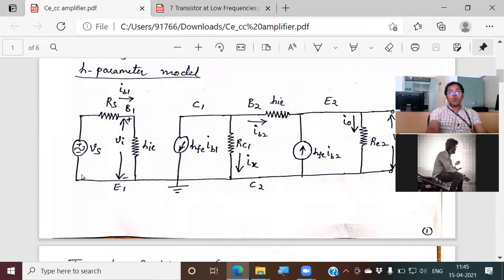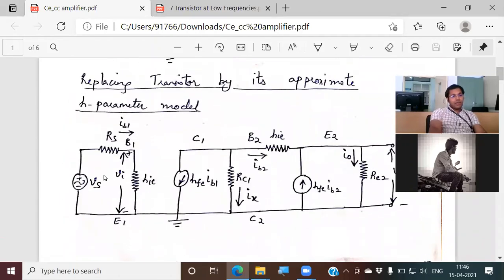Okay. So what we are doing, this circuit alone I will take, only this part. I told you this part is isolated from this, isn't it? There is no bridge. So simply I can take this and analyze. So only this one I will take: Vs, Rs, Hie.